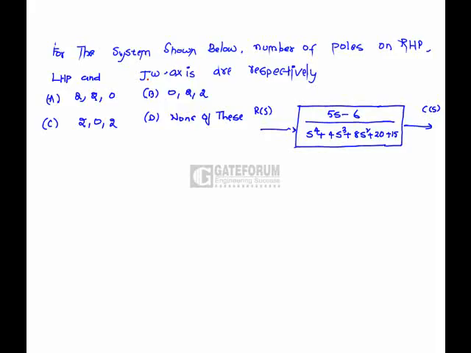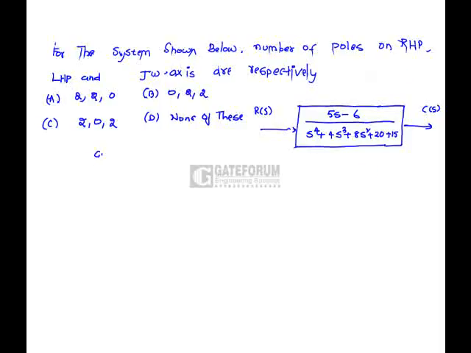For the system shown below, the number of poles on RHP, LHP and j omega axis are, respectively. In order to decide where the pole locations are, we have to write the RH criteria for the characteristic equation. Here C(s) by R(s) is nothing but the closed loop transfer function.